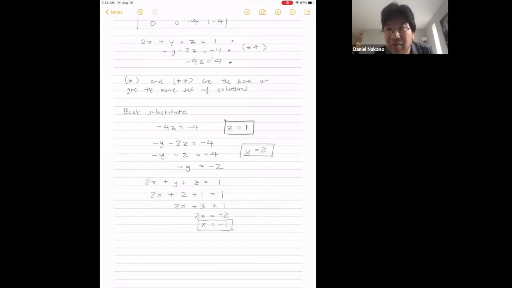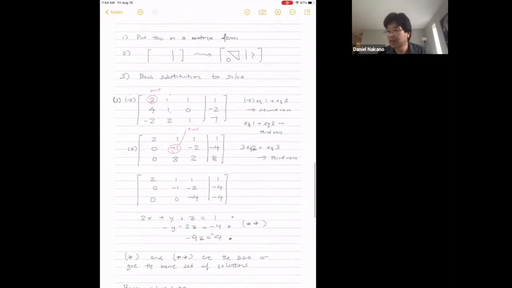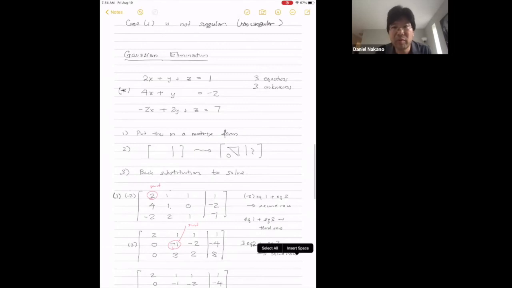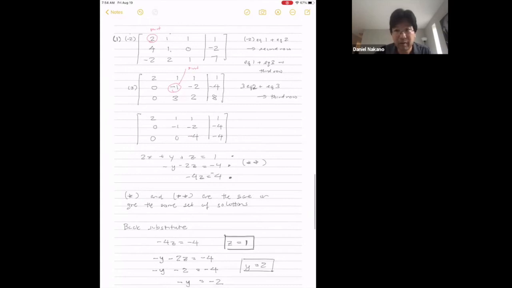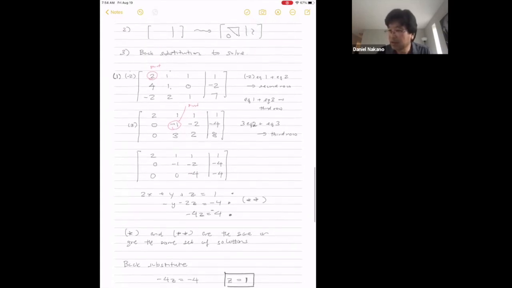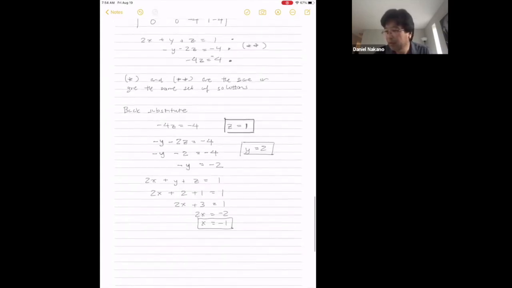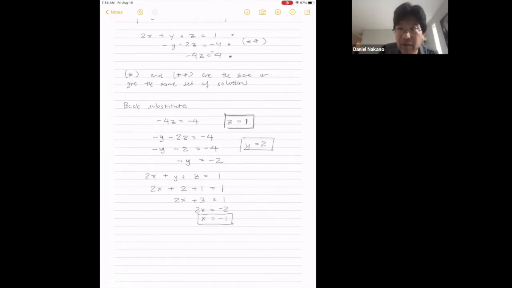Okay, so we started with this system of equations. We had no idea what the solutions were, whether it was singular or non-singular. Then we used this algorithm systematically to put it in a triangular form and then back substitute, and we get the solution.